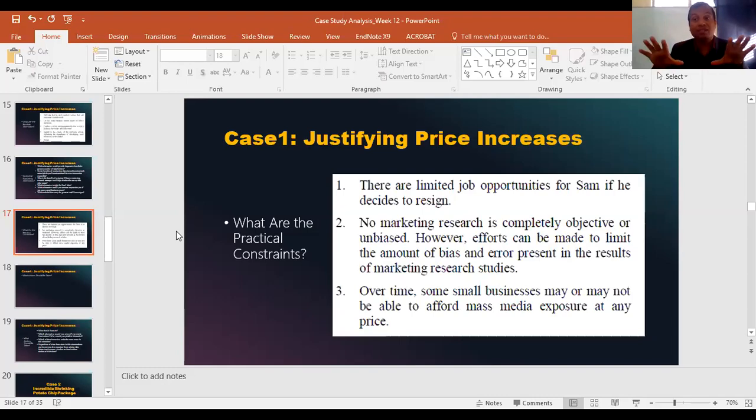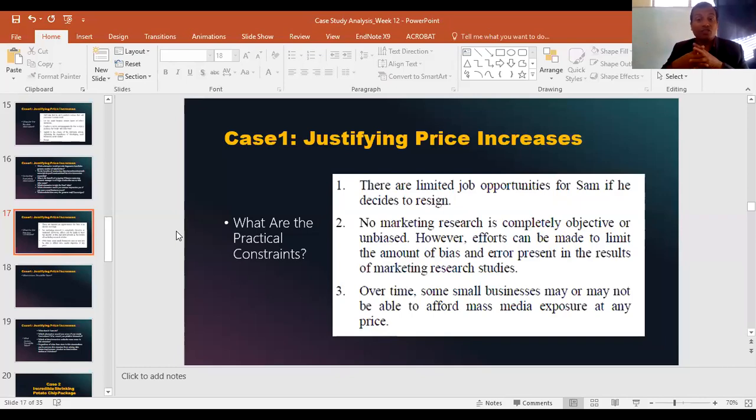Because every research is full of bias, the idea is not to eliminate the bias but to reduce it, to limit the amount of bias and error present in the results of marketing research studies. That is the second constraint.